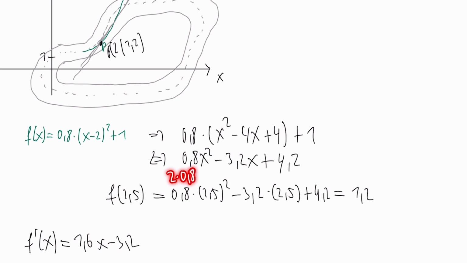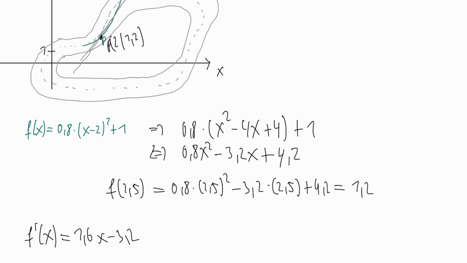And now here you can see you put the exponent in front and subtract 1, so 2 times 0.8 times x to the power of 2 minus 1. So we get the 1.6x. And if we only have some constant times x, the x gets away, and constants also get away.